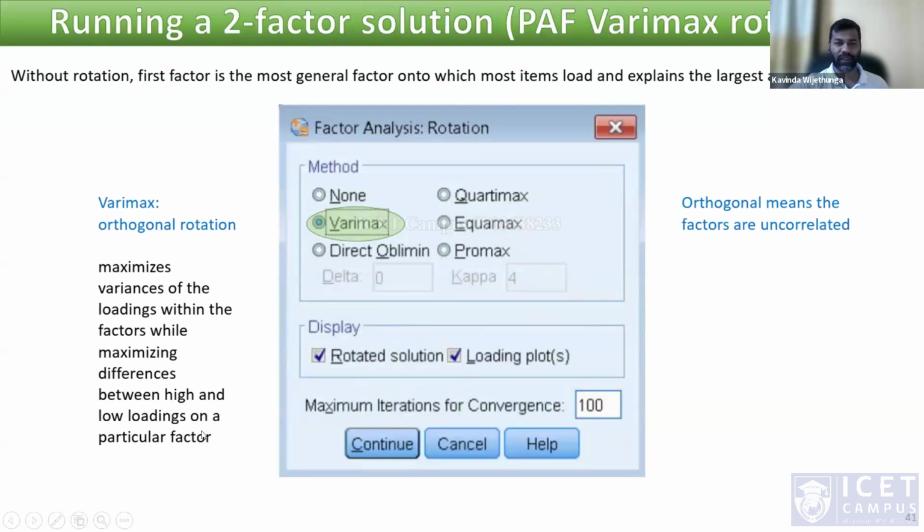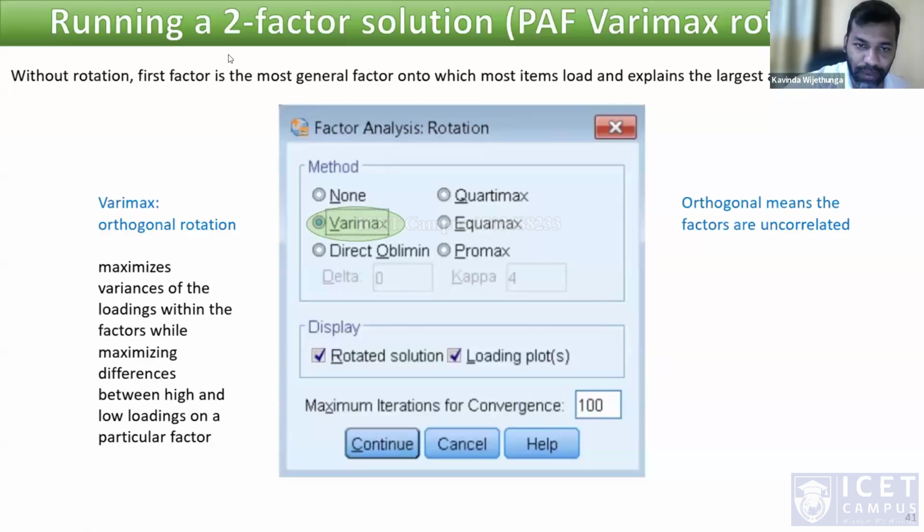We'll see how we can do this. We are going to use the rotation method, principal axis factor rotation. So analyze, dimension reduction, factor analysis.